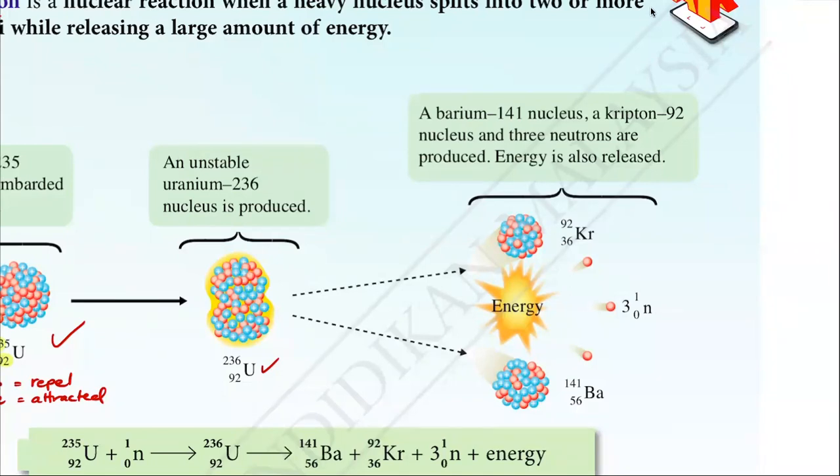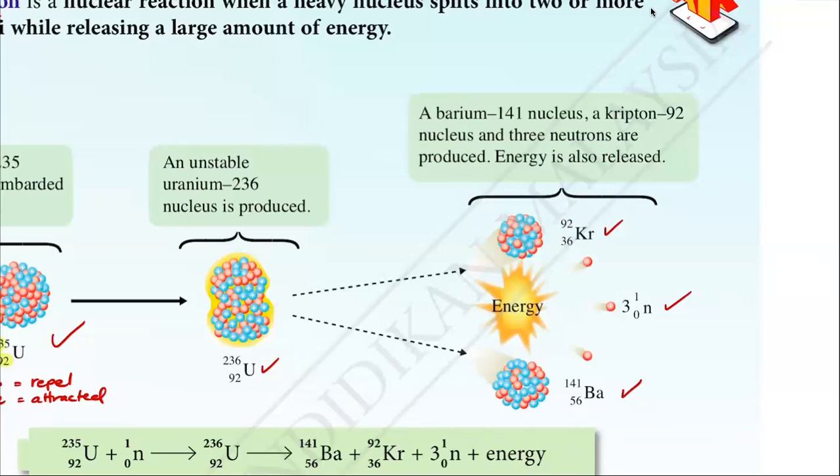It will split into two new elements, which are krypton 92 and barium 141, and another 3 neutrons will also be released.